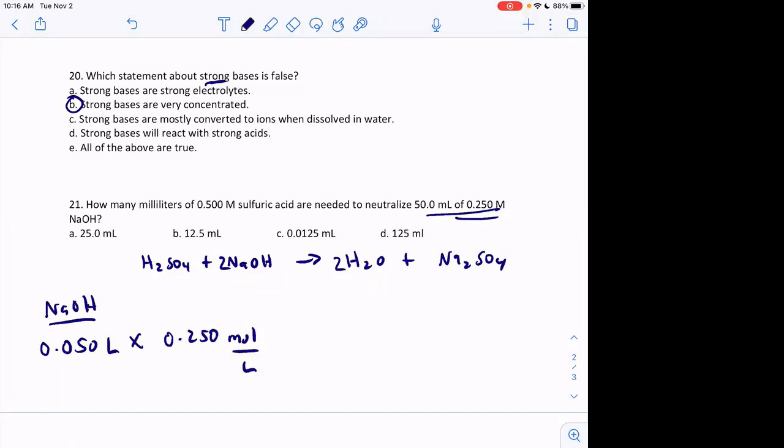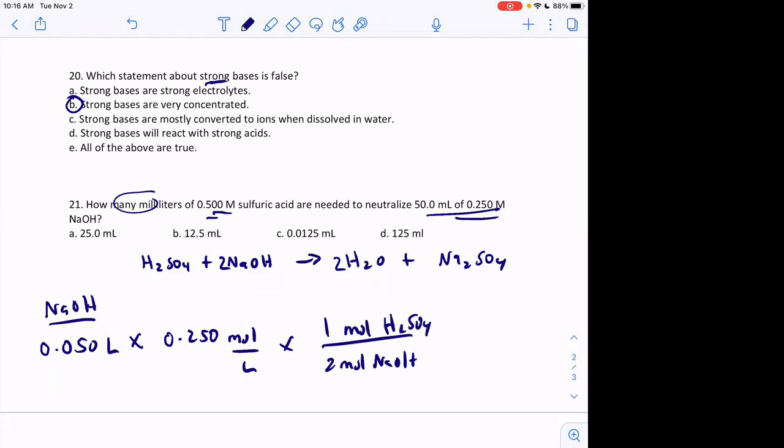And then you would ultimately divide, since we're after how many milliliters, by that molarity, right? To get your V2. But don't forget, this is sodium hydroxide, so we're going to have 2 moles of sodium hydroxide for every 1 mole of the sulfuric acid.